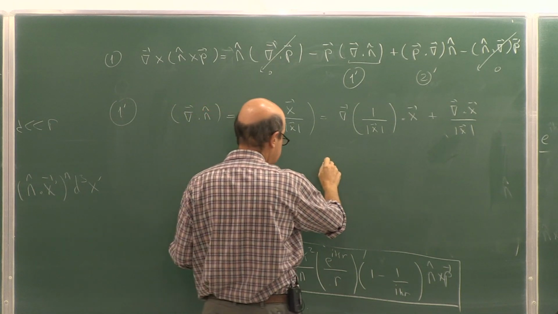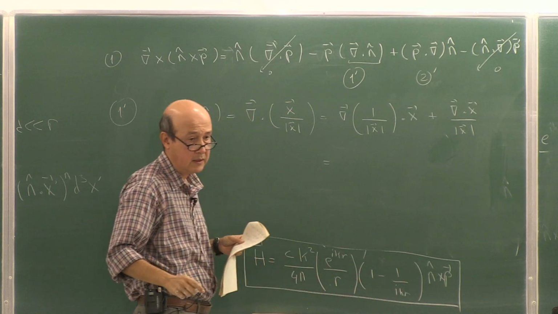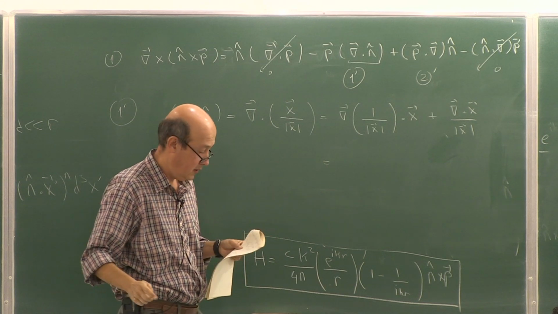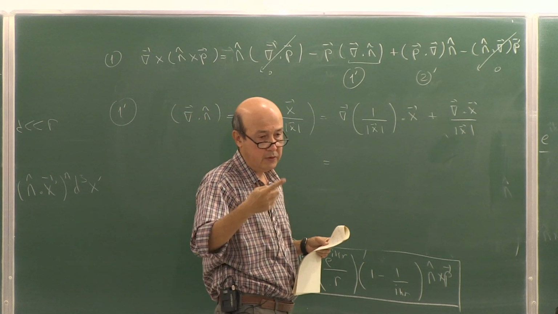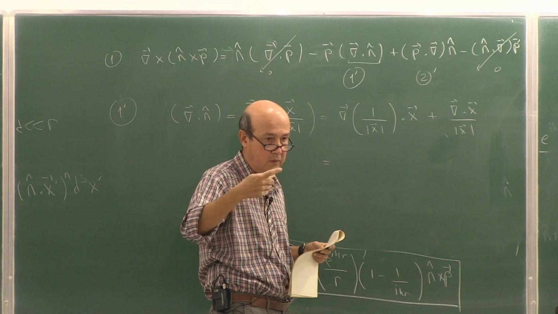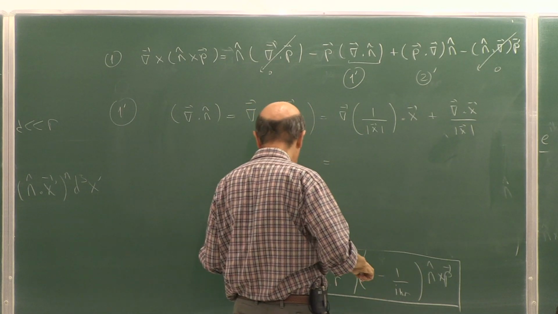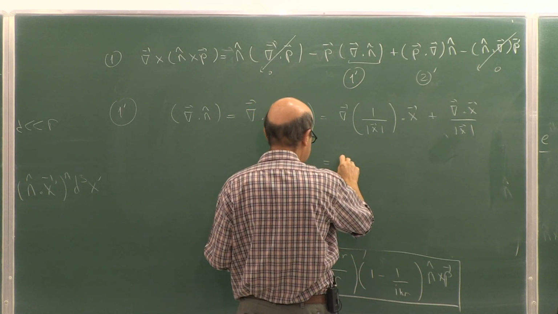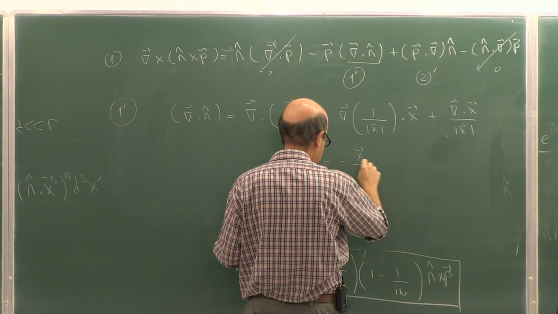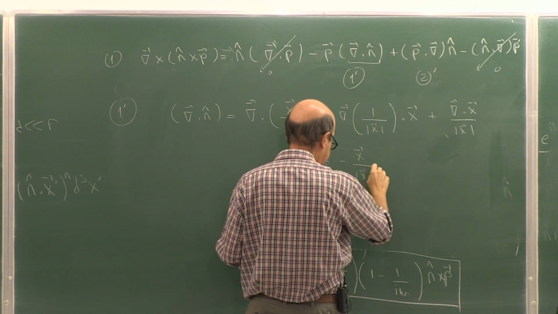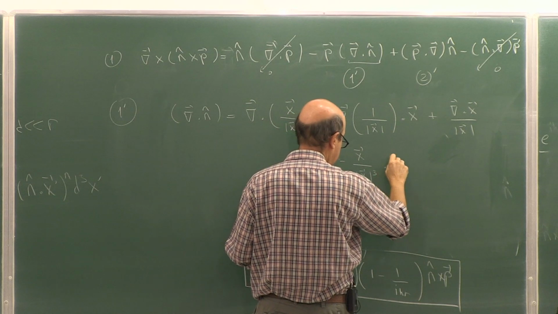So tell me, what is the gradient of 1 over x? Do you remember? From the first part of the course, that is nothing but minus x over x cubed, dotted with x.